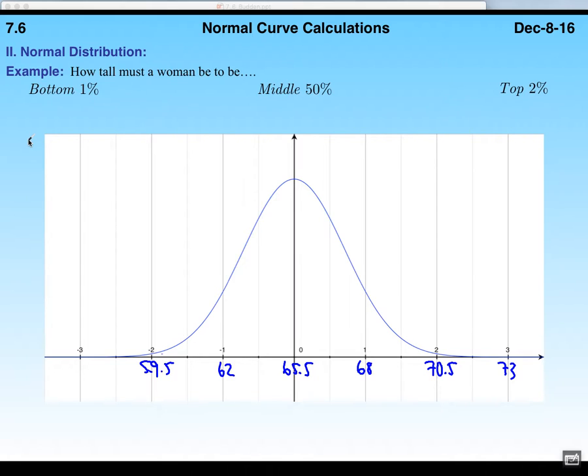Okay, so if she's in the bottom 1%, what percentage of the data is below -2? About, from the empirical rule? 0.024. About 2.5% below -3? 0.15%. So she's going to be somewhere here.